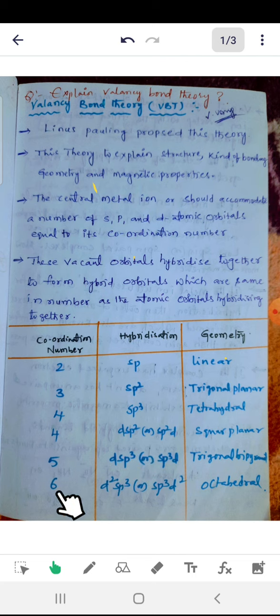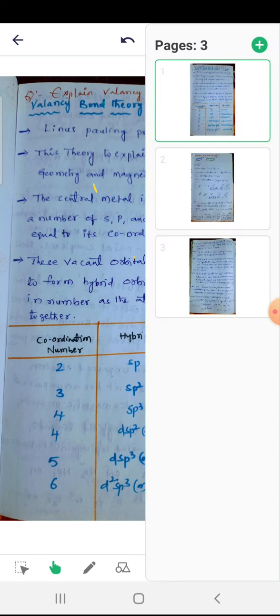For coordination number 6, d2sp3 or sp3d2, giving an octahedral shape. You have to remember this table. Based on the coordination number, we can easily find out the geometry as well as the hybridization. You have to remember that point.